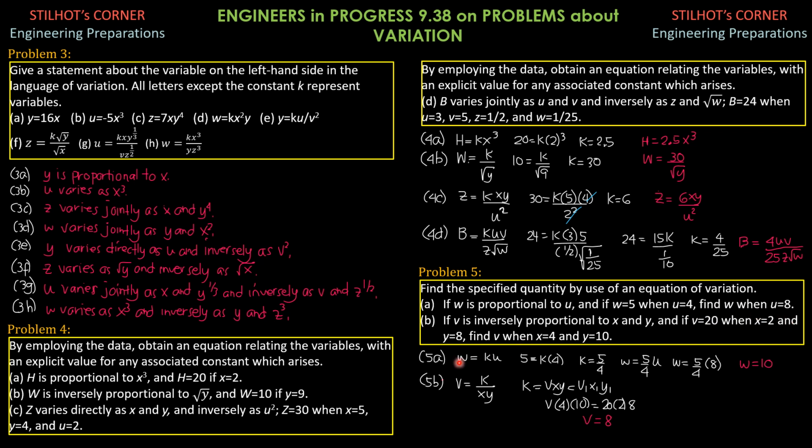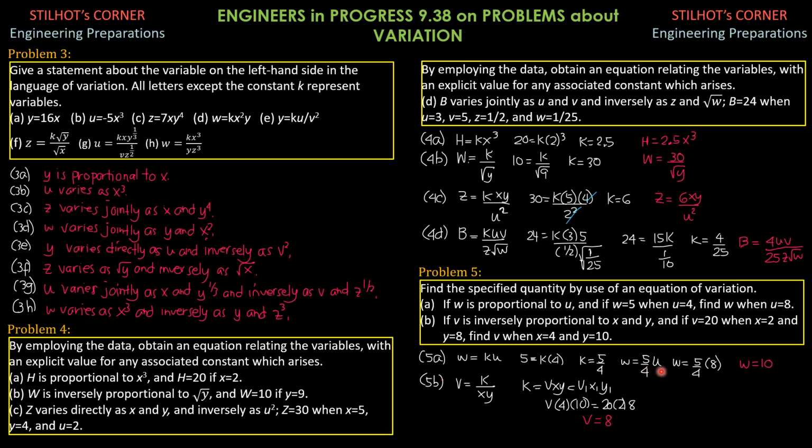So W is proportional to U, so W equals kU. When W is 5, U is 4, so 5 equals k times 4, so k is 5 over 4. Therefore, the formula is W equals 5 over 4 times U.